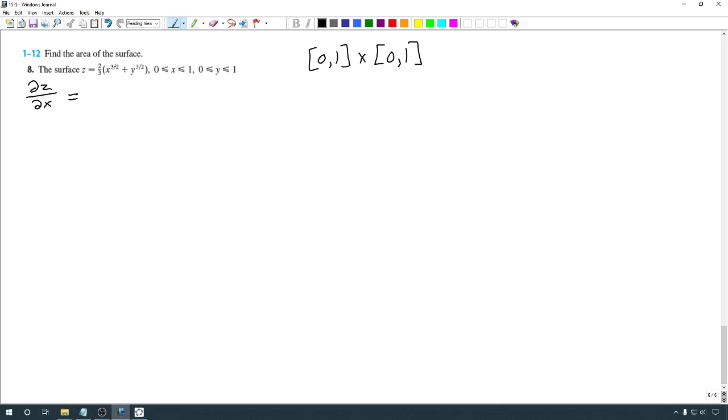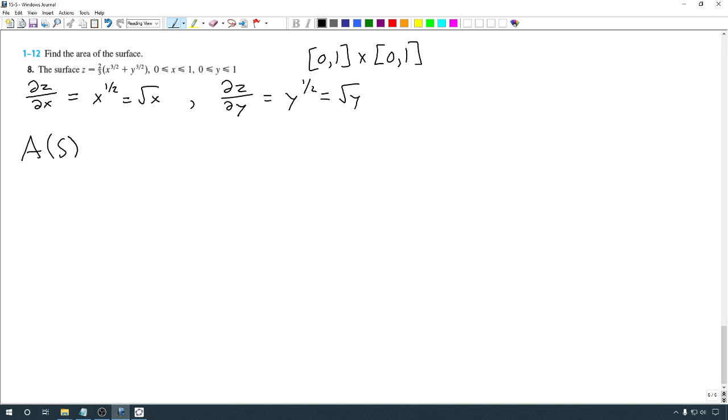And the derivative of x to the 3 halves is just 3 halves x to the 1 half. But then the 2/3 out in front actually gets rid of the 3 halves. So really just this is x to the 1 half, or if you prefer, you can write that as square root of x. Same thing with y. Everything's nice and symmetric here. Get y to the 1 half, or square root of y.